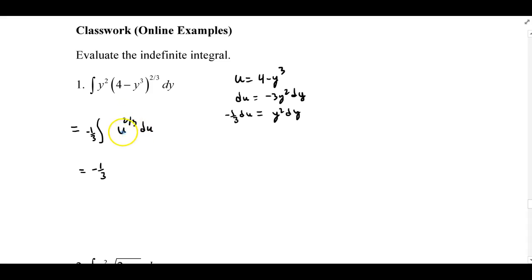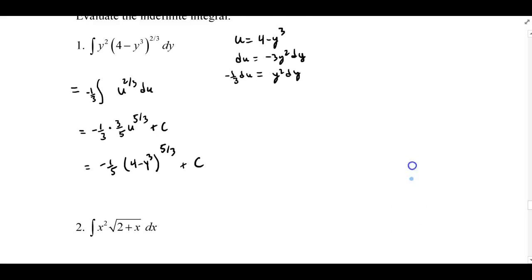Finding the antiderivative of u to the 2/3, adding 1 to that we get 5/3, and then dividing by 5/3 gives us 3/5 as the coefficient, plus c. The 3's cancel, so we get negative 1/5, and then replacing u with 4 minus y cubed, we get negative 1/5 times 4 minus y cubed to the 5/3 plus c. Alright.